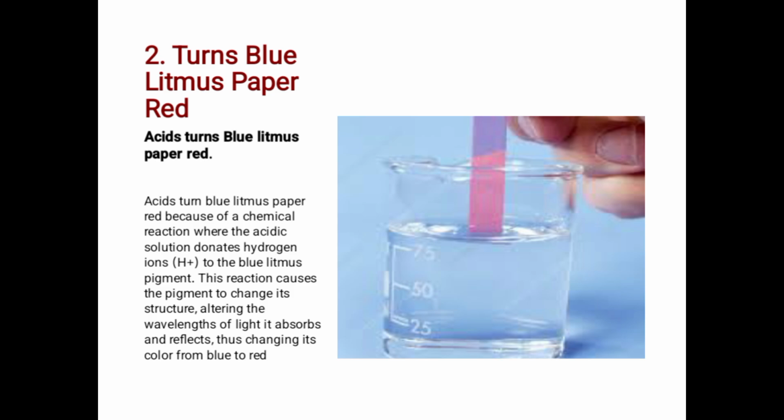So it's able to change from blue to red. This is why acids are able to turn blue litmus paper red. Once again, the hydrogen ion concentration in the acid changes the pigment from blue to red as a result of the absorption and reflection that occurs in the process.